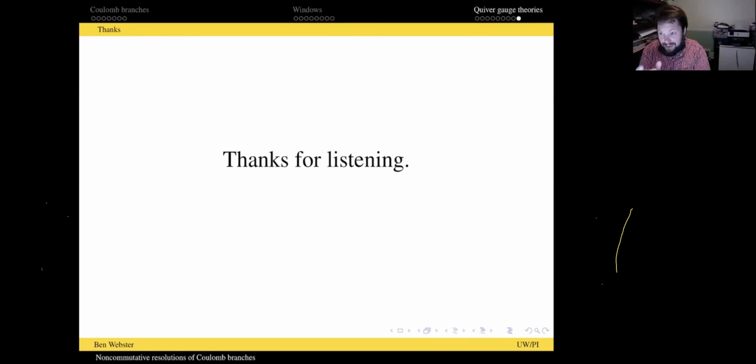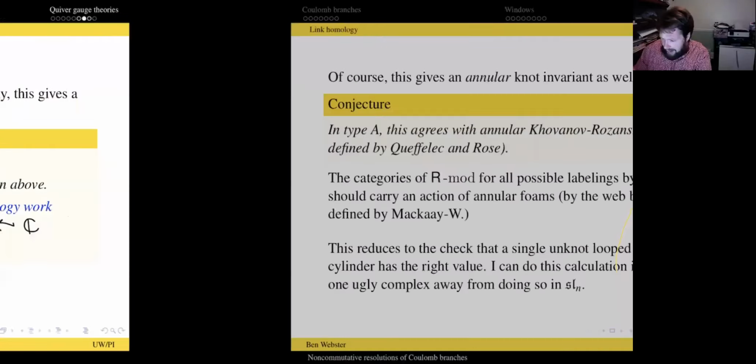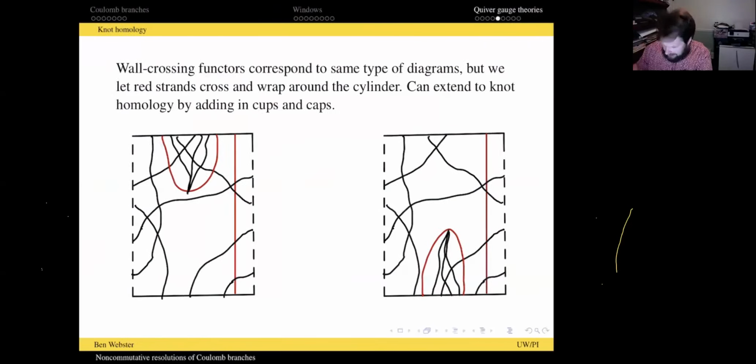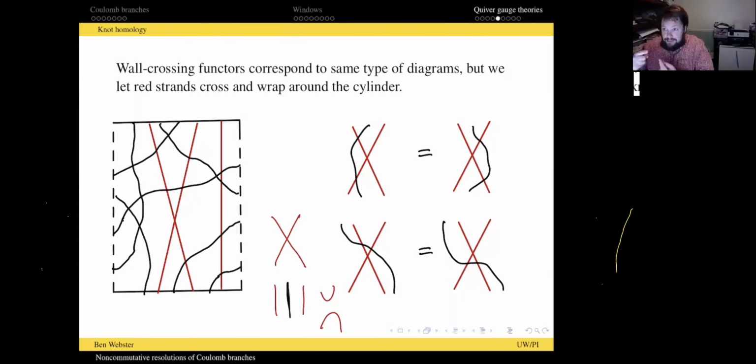You get that bimodule, and then tensoring with that and HOM with that give you two different equivalences between the non-commutative resolutions. If you set things up right, R-HOM between the two tilting bundles will be just like computing Ext of the tilting bundle with itself, and it'll just be this set of diagrams.